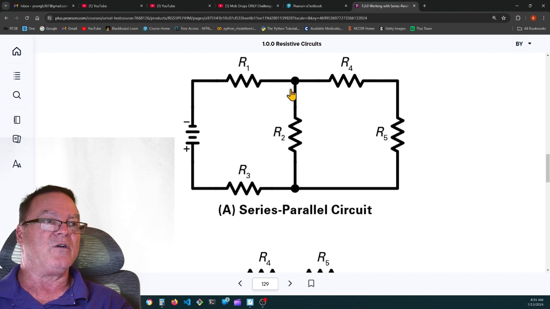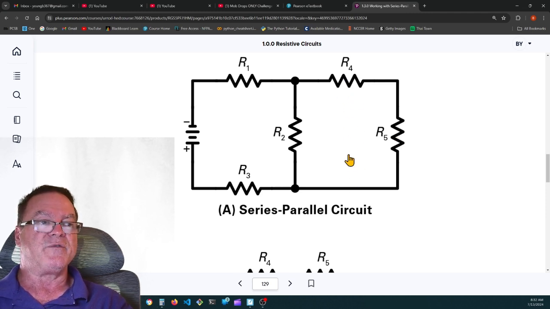R2 is in parallel, but it's in parallel with both R4 and R5, which are in series. We know this because when we trace the current through R4, there's nowhere for it to go but through R5. So R4 and 5 are in series. To solve this circuit, we'll have to add R4 and 5 together and get an equivalent resistor.